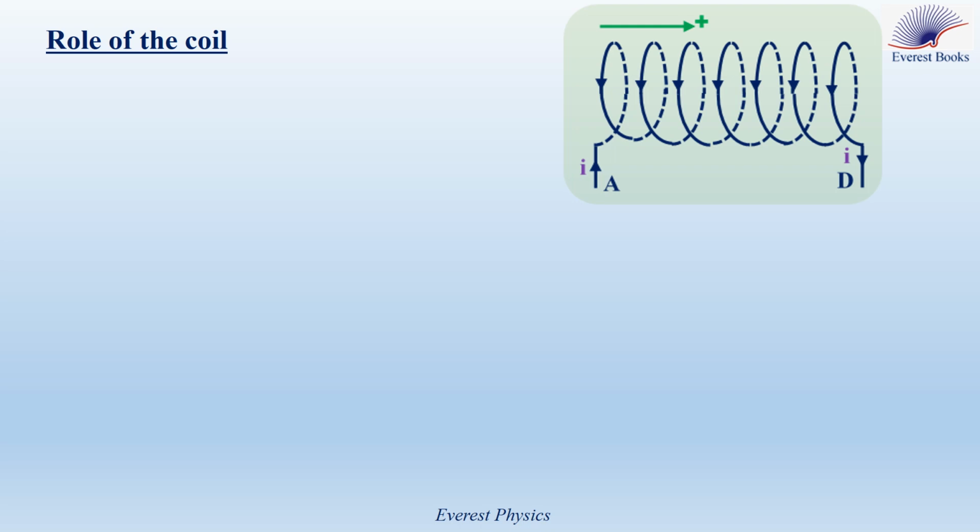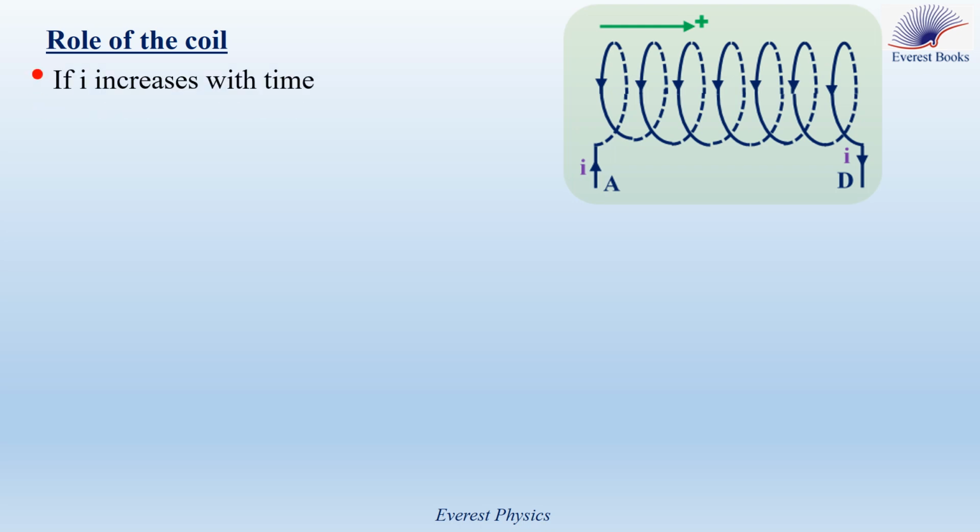Let's move to the role of the coil. Look at the figure. We have a coil whose terminals are A and D, and it carries a current from A to D, and the chosen positive sense is also from A to D. Now, let's study this case.